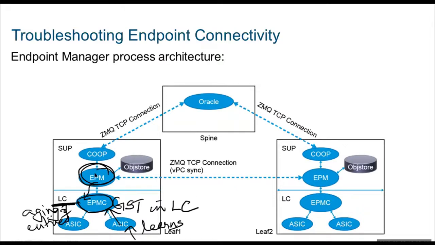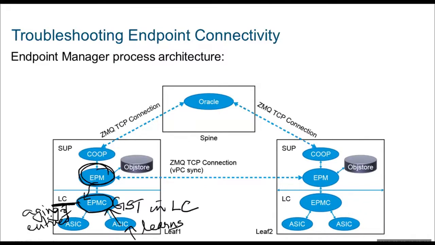So where would you first check? If it is a locally connected device, I would probably say the endpoint client has learned about it. That's a line card. Line card is closest to the endpoint if it is a locally connected endpoint. Now, if I go ahead and do show endpoint on the APIC and I see it, I am happy that the endpoint is learned.